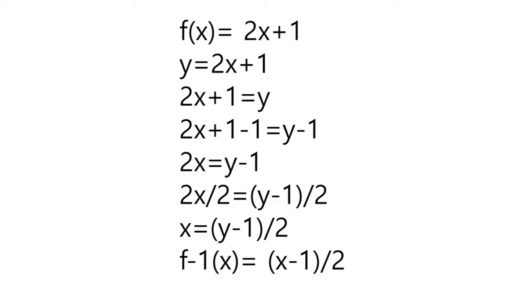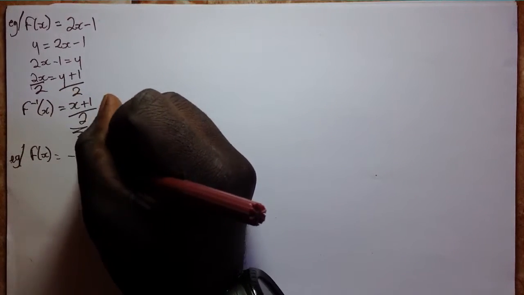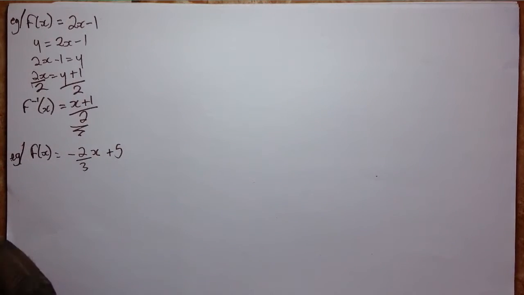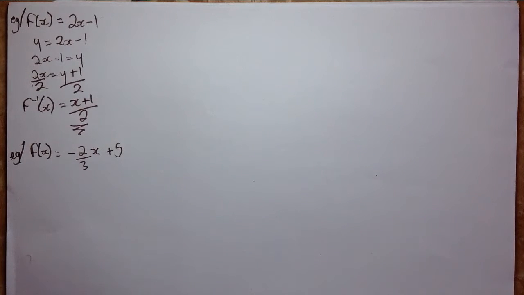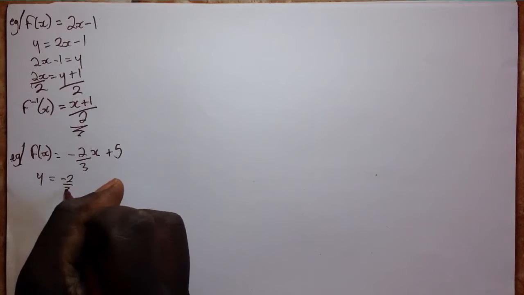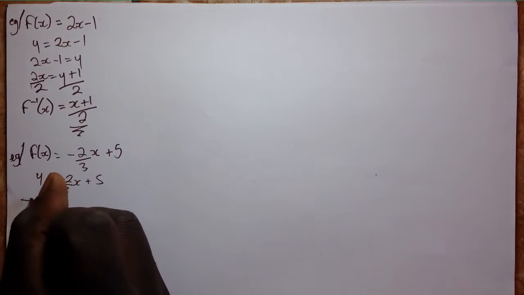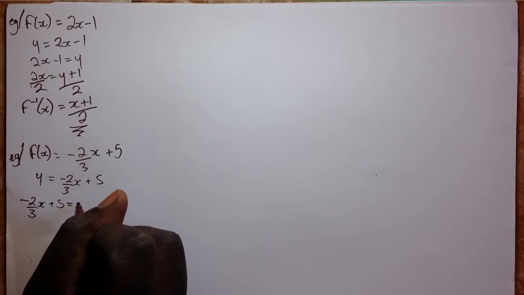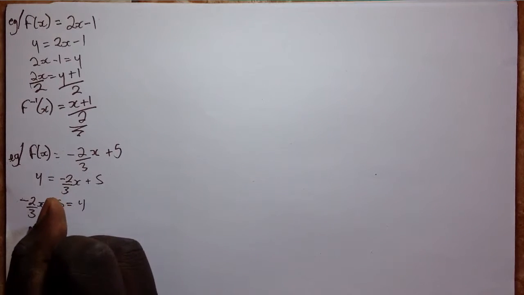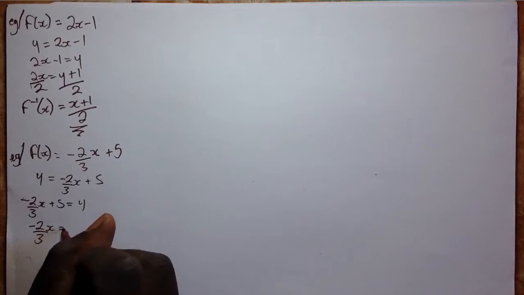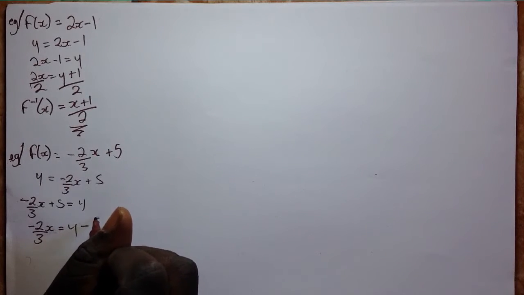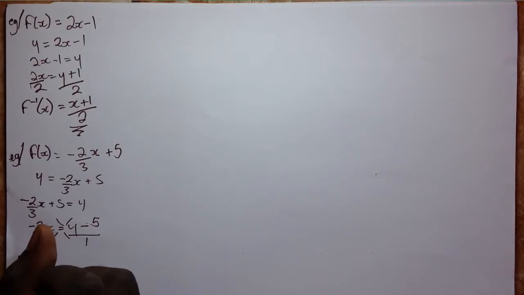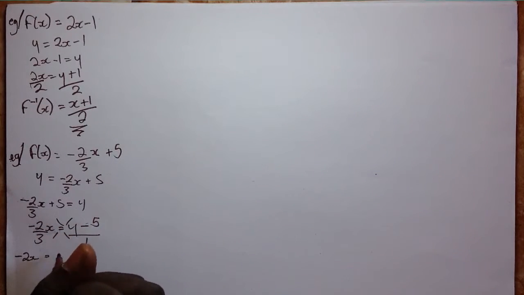And the last example we can look at is f of x is equal to minus 2 over 3 x plus 5. Rewriting that, we have y is equal to minus 2 over 3 x plus 5. As we said earlier, this is the same as saying minus 2 over 3 x plus 5 is equal to y. So taking 5 to the other side of the equal sign, we get minus 2x over 3 is equal to y minus 5. At this point, we can cross multiply to isolate the value of x, and the right side can be said to be over 1.